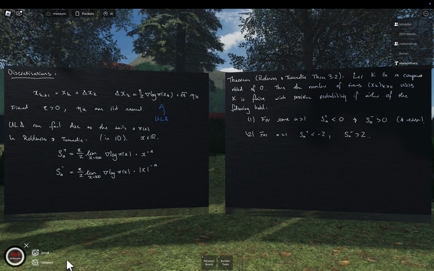Before you do that, saying that it visits K finitely many times with positive probability is basically saying something about it being badly behaved? Yes, exactly.